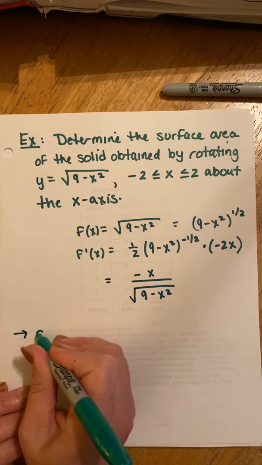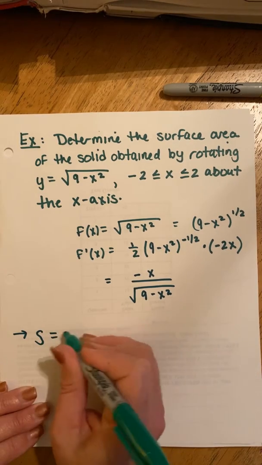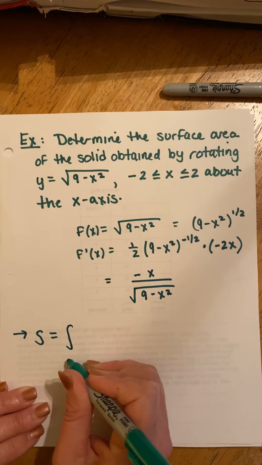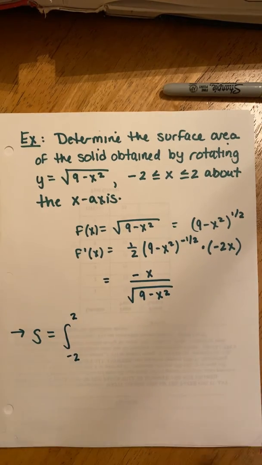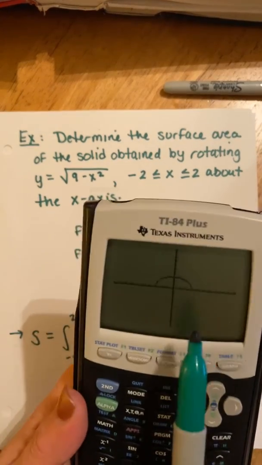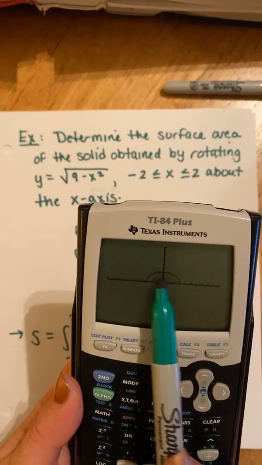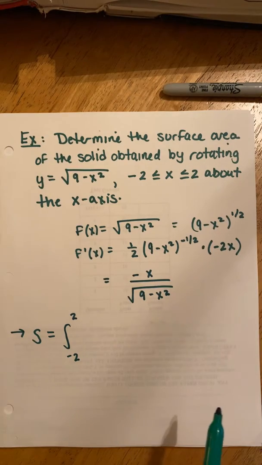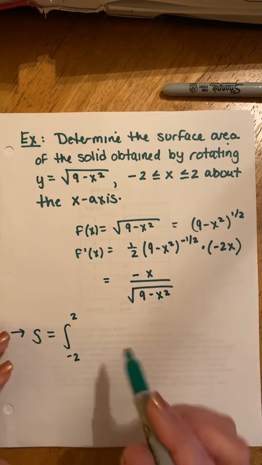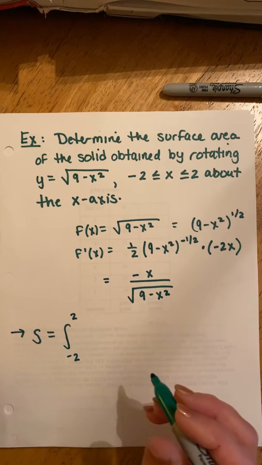So therefore, the surface area can be found integrating from -2 to 2. Actually, it's not the entire sphere, I take that back, because the entire sphere would go from here to here. So we're only doing part of it. It's like a sphere with the ends cut off, sort of like an ottoman. That's the shape that comes to mind for me.